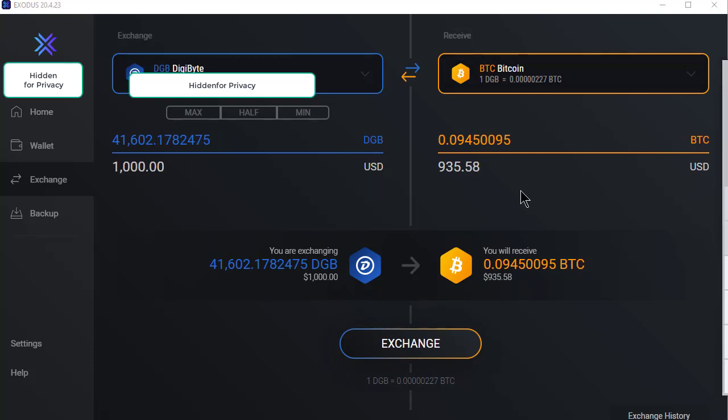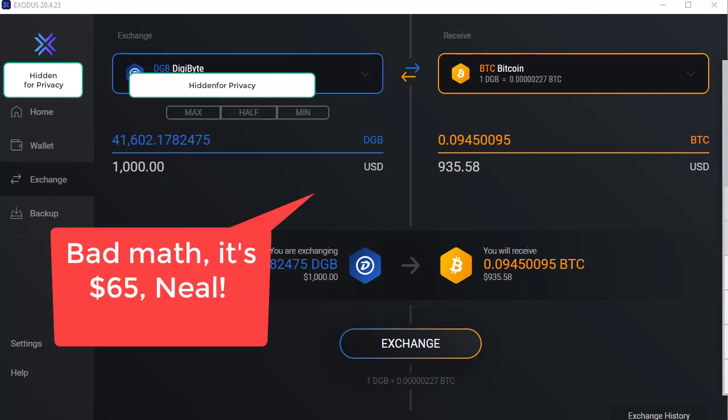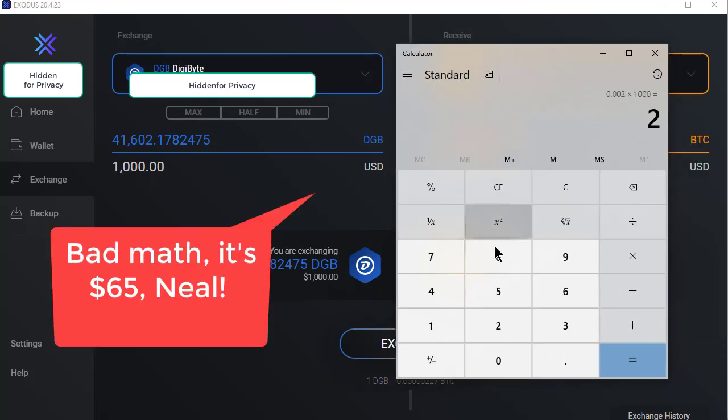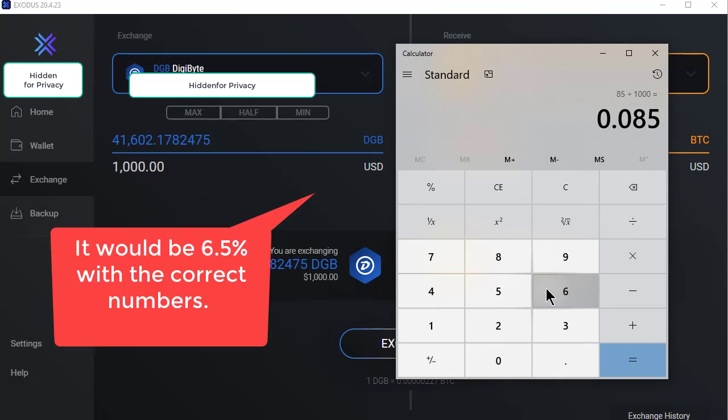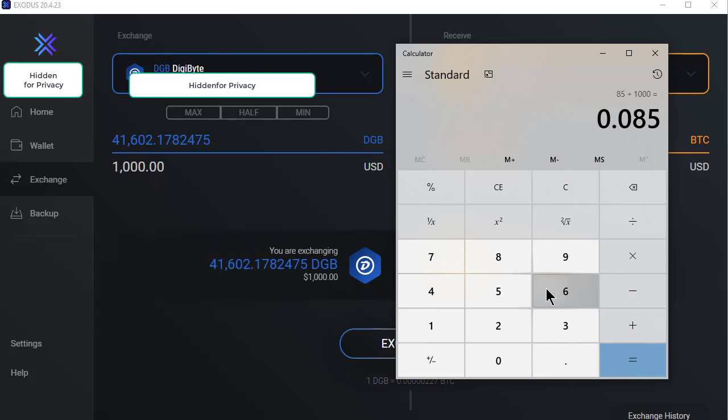So we still have here about an $85 fee. And if you do the math on that, again, 85 divided by 1,000, you're paying 0.085. In other words, 8%. Would you rather pay 8% or 2%?